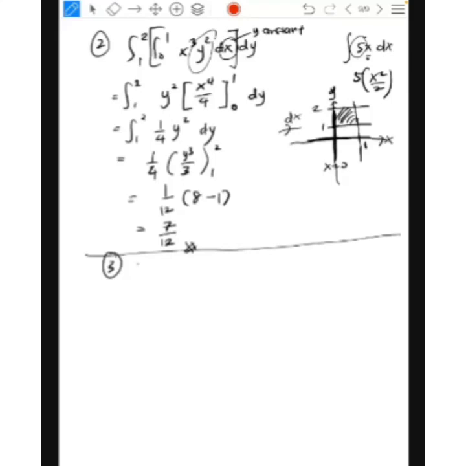Question number 3, integral from pi to 2 pi, integral from 0 to pi, sine y plus cos x dy dx. Okay, so again, we integrate respect to y, so x is constant.